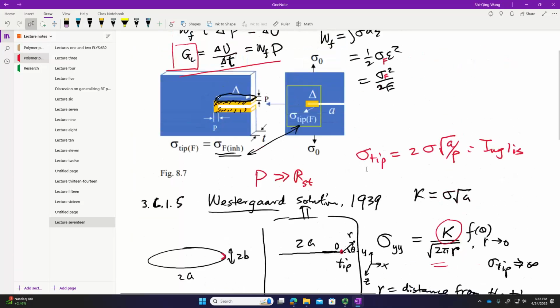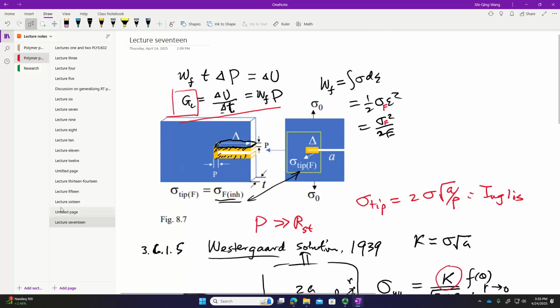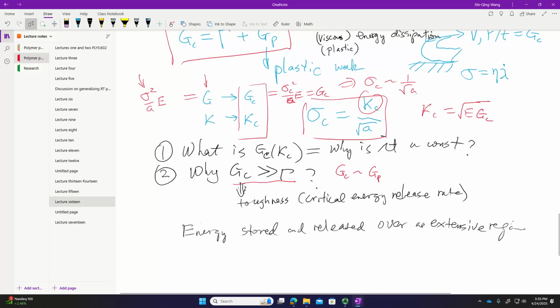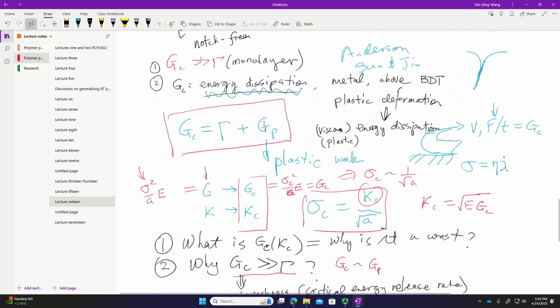And you can now realize the confusion is in part related to the difficulty of this being much larger than gamma. So we think it's very permissible or plausible that there's a lot of plasticity. Do you understand it?